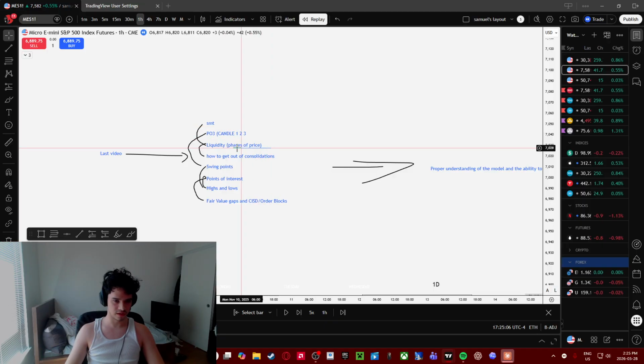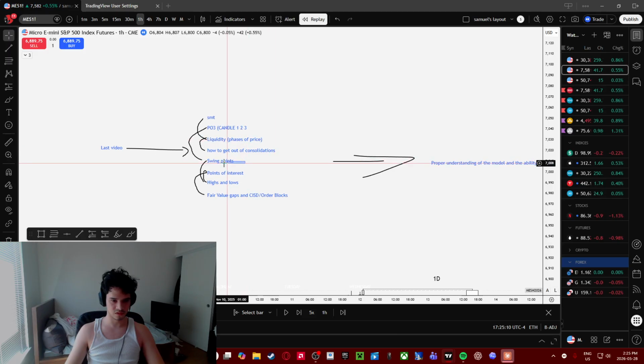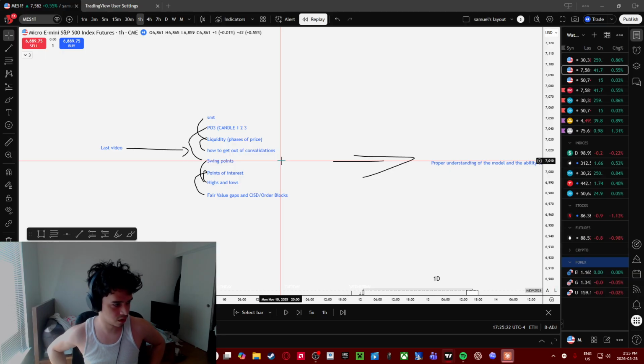And then you analyze the liquidity inside of it. And then you understand the swing points. You analyze the points of interest. You see the highs and lows. And depending on the highs and lows, you'll see if there's a consolidation and if there is anything that you want traded into before going and trading in the direction you want.